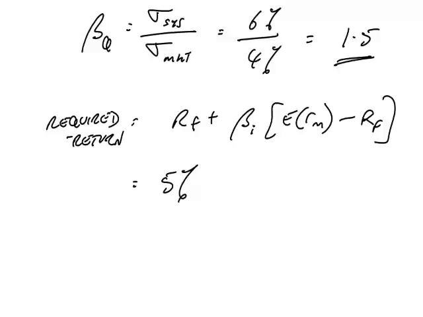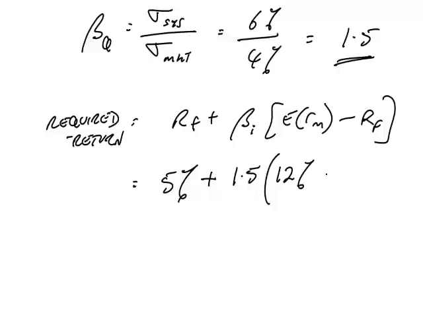How much premium do we need? Well, its beta is 1.5. It's 1.5 times as risky as the market. And we say, therefore, we need beta, 1.5, times the premium the market's giving. ERM is the return from the market, 12%.